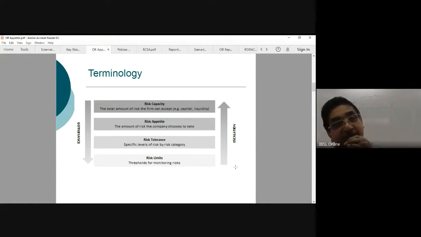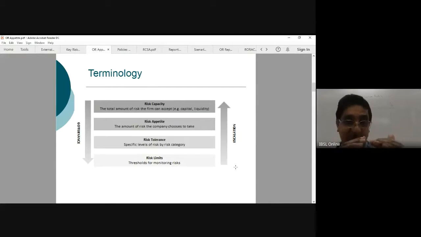For example, say you have a risk appetite of 100 million. But when you put it into the branches and the organization, the limit is not that. It is lower than that amount, say 80 million. 80 million is the limit given to the branches or the ground level.